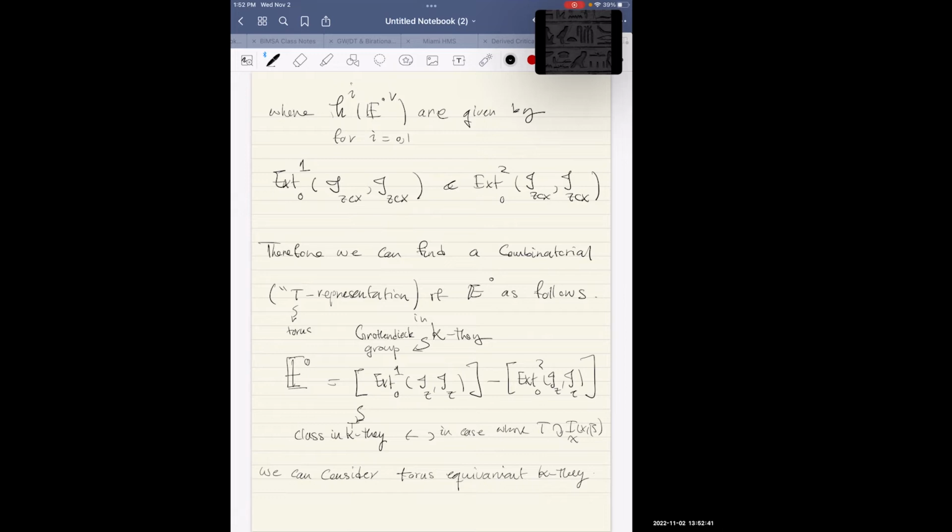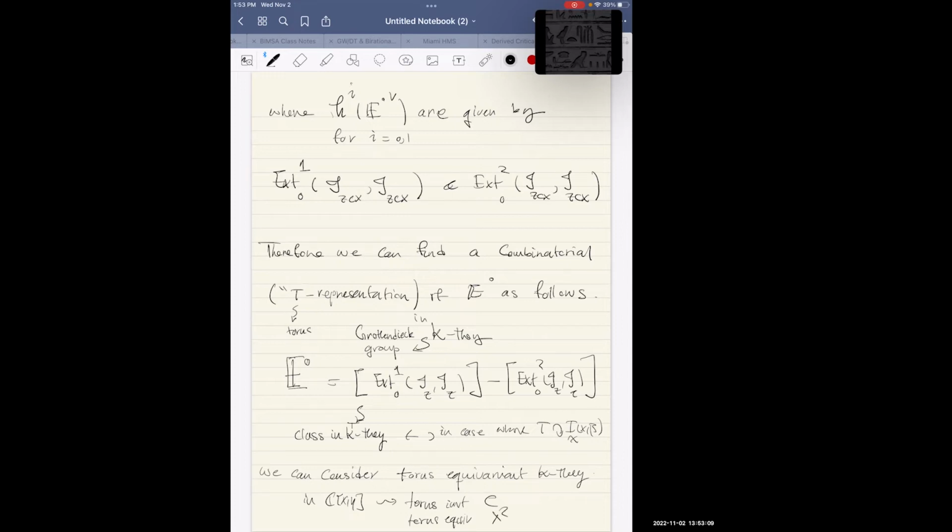So for instance, in C of x, y, the only torus invariant polynomial is a constant because it doesn't have any x and y. X and y are both being dilated by C star. But for torus equivariant polynomials, all the monomials are like that. For instance, x squared is like that.